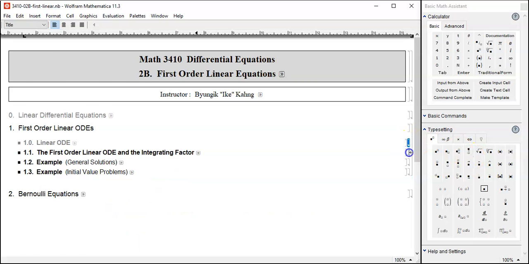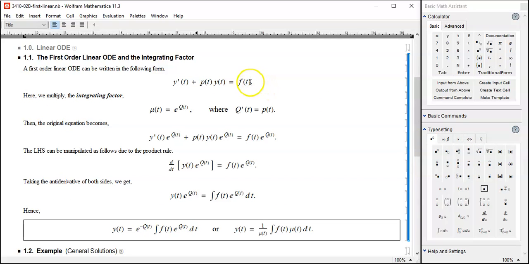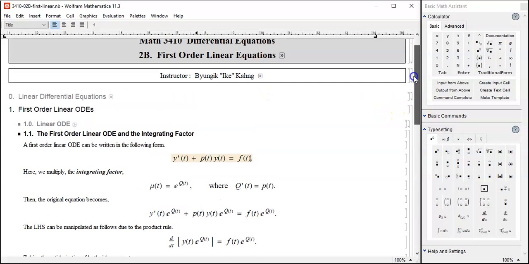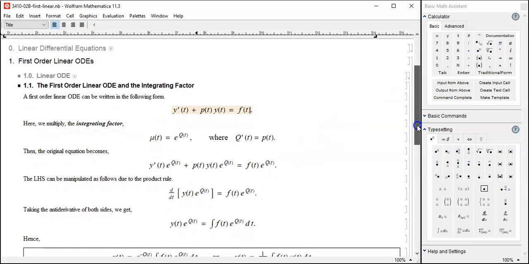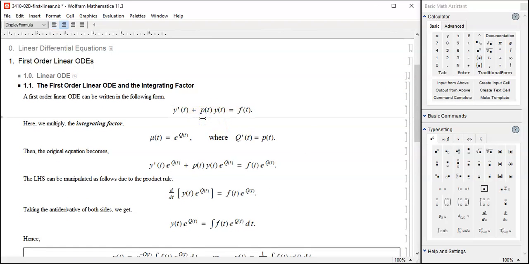Okay, let's go. Here is the first order linear ODE in the standard form. Please note that the leading coefficient is 1, so we already divided and made it into standard. Here, we're going to use the method of integrating factor, and the so-called integrating factor is defined like this.